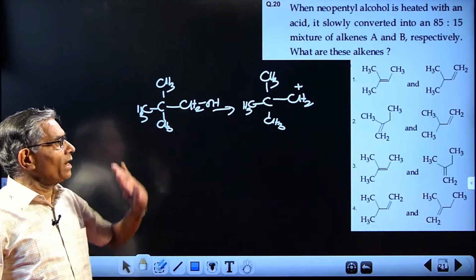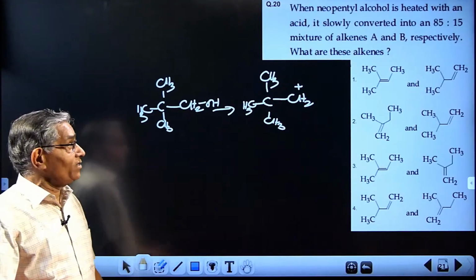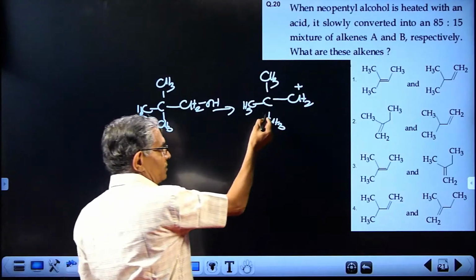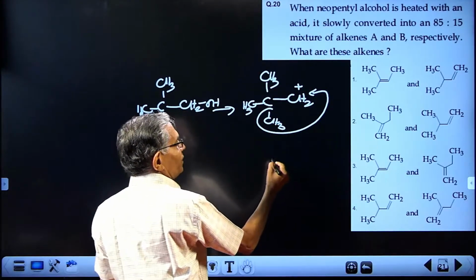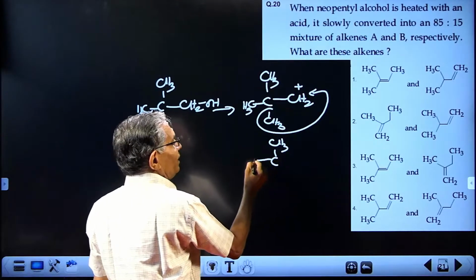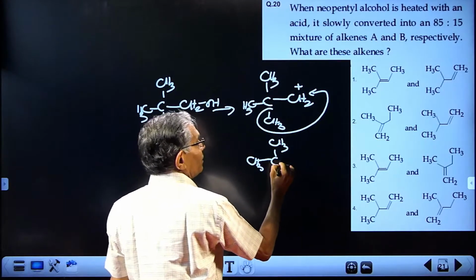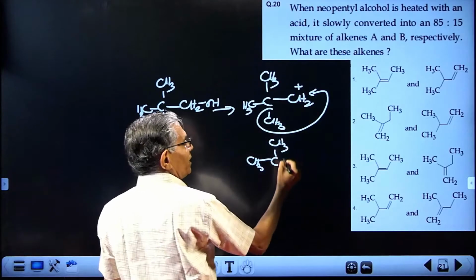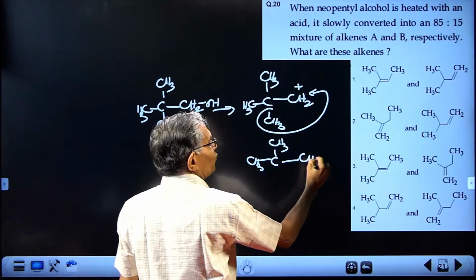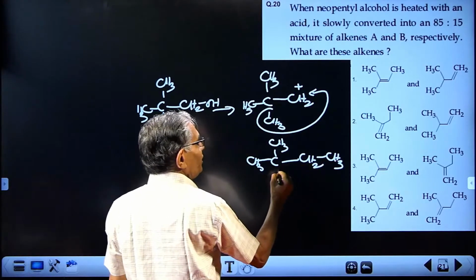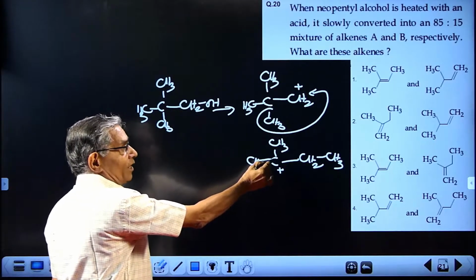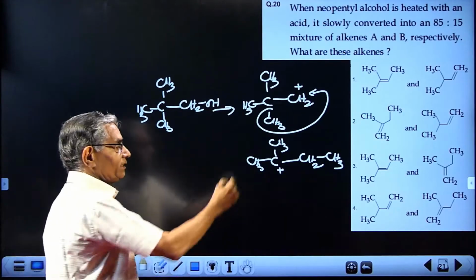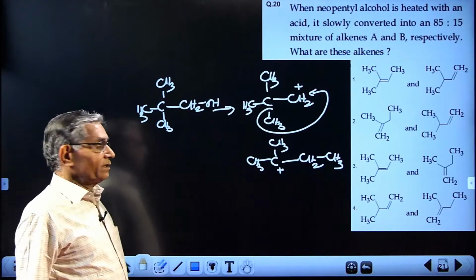Being a primary carbocation, it will try to stabilize itself by a shift of a methyl group. So immediately that becomes CH3, CH3, and this CH3 will be attached there, meaning it will be CH2 followed by CH3. Positive will be shifted to this carbon and this becomes a tertiary carbocation.